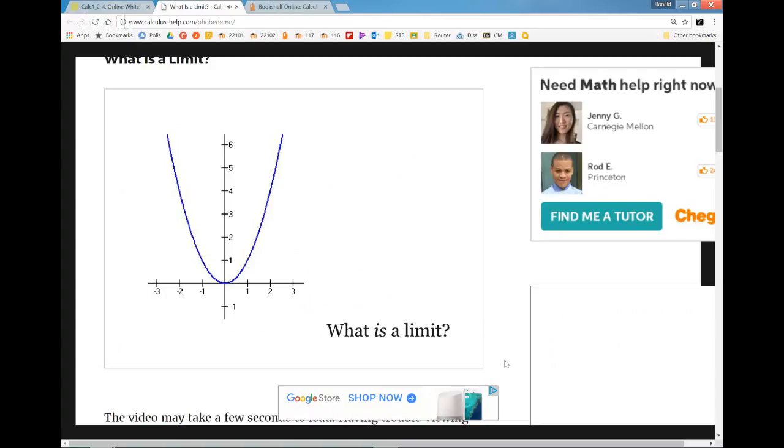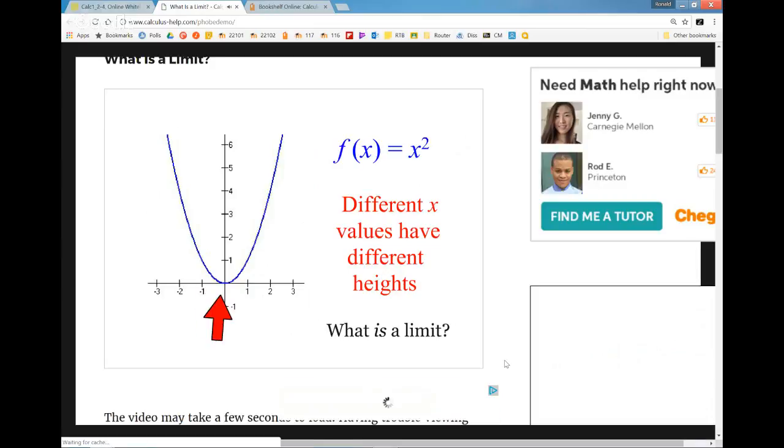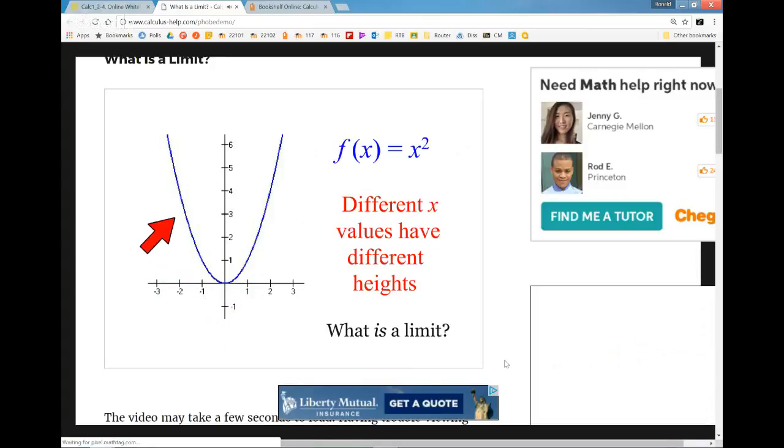Let's start by looking at a very simple function graph. What I have here is the function f of x equals x squared, a basic parabola. You'll notice that the function changes heights all throughout its domain. That's a very fancy way of saying that the function reaches many different heights based on whatever the x value you're looking at happens to be. For example, what if I look at the function height that corresponds to x equals 2?